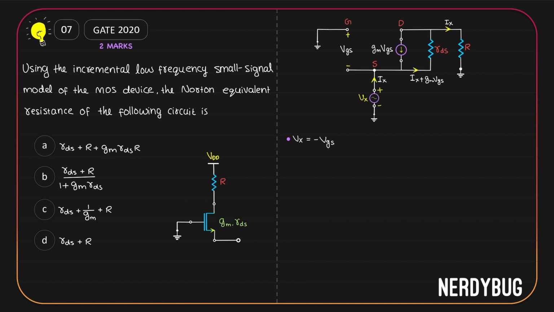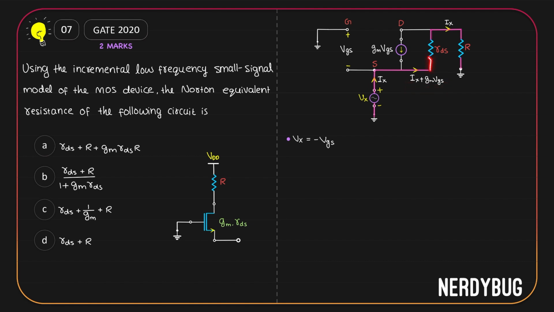Now let us apply KVL in this loop. I'll start from this point and go clockwise. First I have Vx from negative to positive. As I go on, I have the potential drop across RDS. RDS has a current Ix plus GMVGS flowing through it.